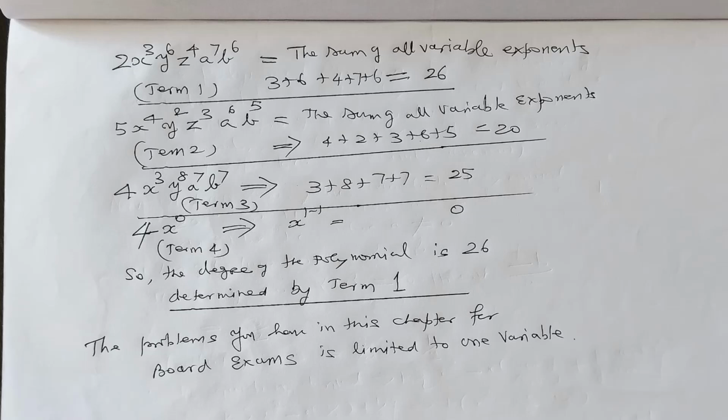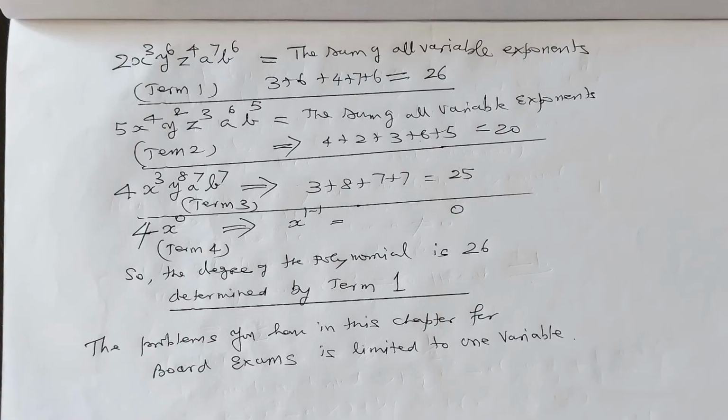In the first term, the exponents x to the power of 3, y to the power of 6, z to the power of 4, a to the power of 7, b to the power of 6 give us 3 plus 6 plus 4 plus 7 plus 6, which takes us to 26. In the second term, the sum of all variable exponents is equal to 20.